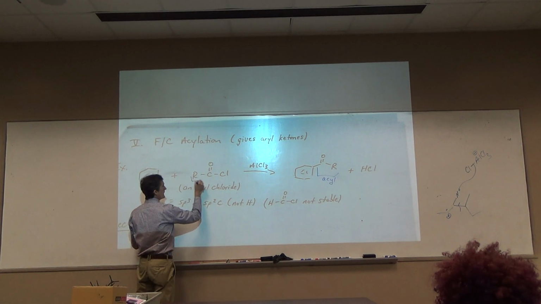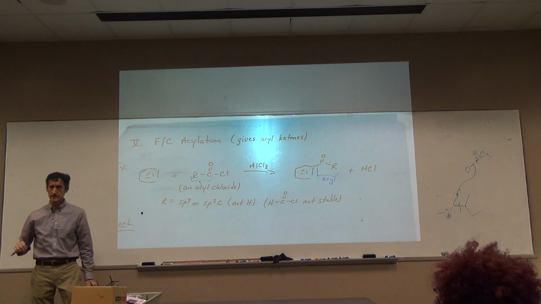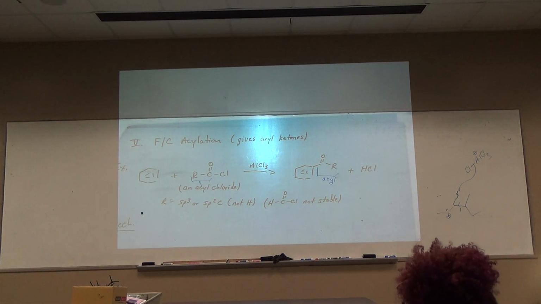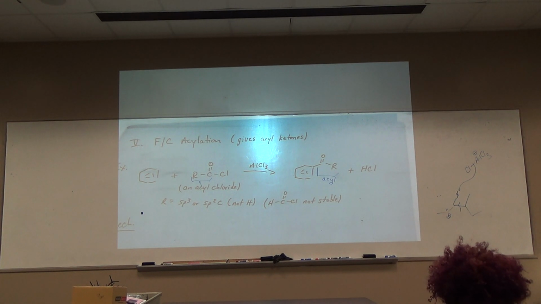All right? Acyl chloride. And this may be the first time we've ever used acyl chlorides. They're pretty common, and we will use them during test 3 a good bit when we start doing carbonyl chemistry.